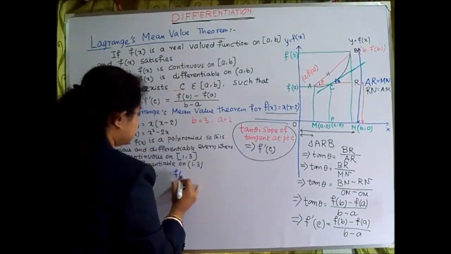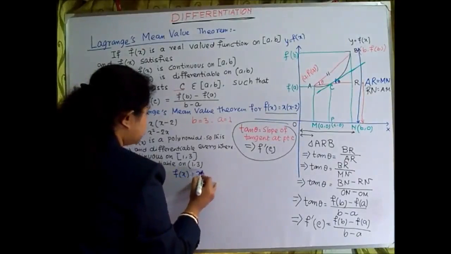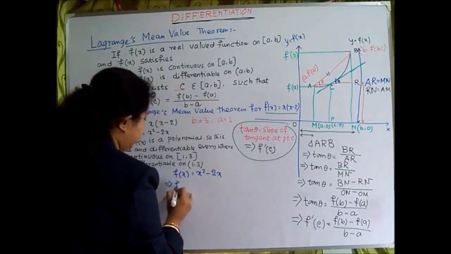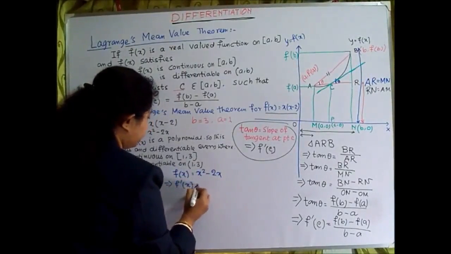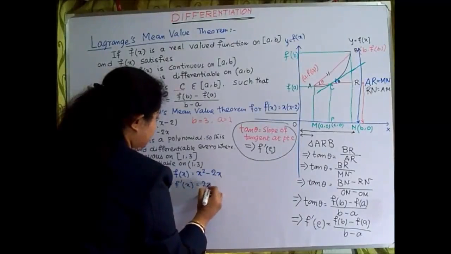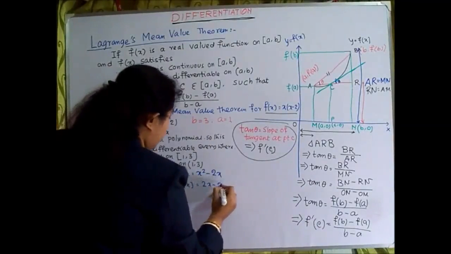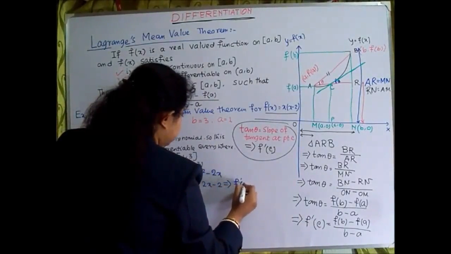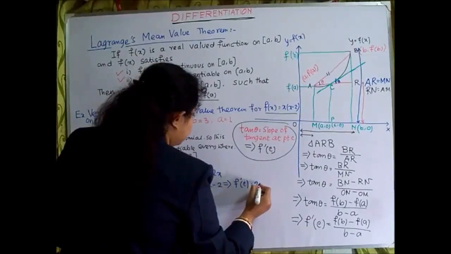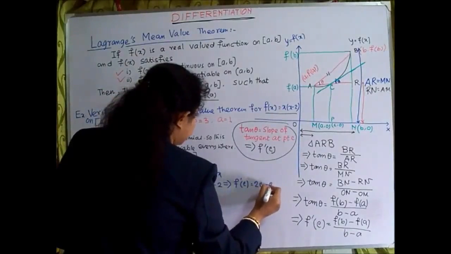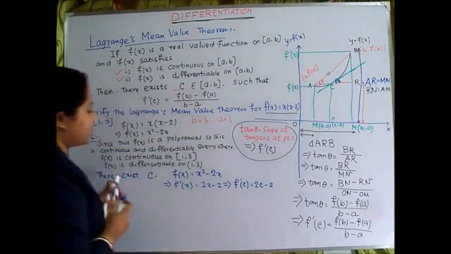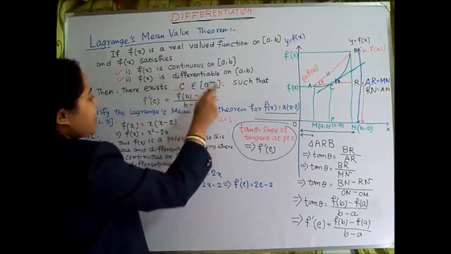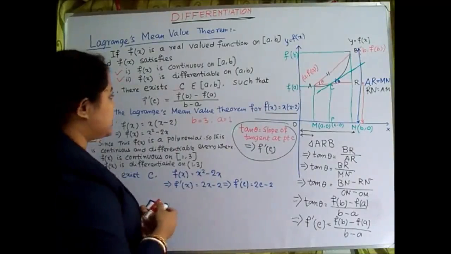If Fx is equal to x square minus 2x, f prime x is simply 2x minus 2. So what is the value of f prime C? f prime C is simply 2c minus 2. Right? Now, f prime C is equal to Fb minus Fa by b minus a.